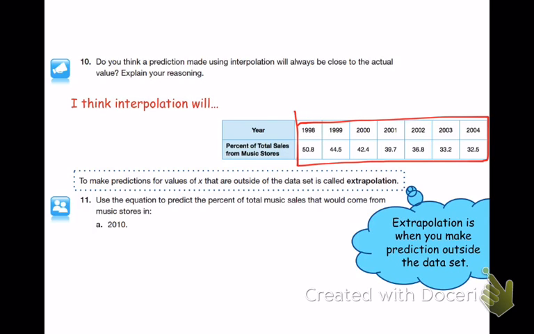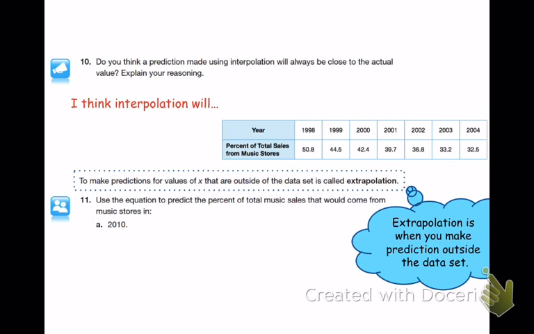That's where my data is located. The predictions I made earlier were for the years 2000 and 2003, so those were both within the data set. Extrapolation would be to make predictions outside the data set, so after the year 2004 or before the year 1998, like 2010 or 1980. That's what we're going to be doing next. We're going to be making some extrapolation predictions.